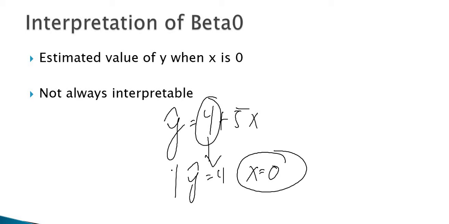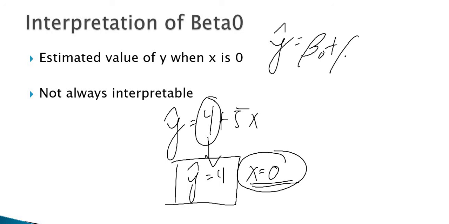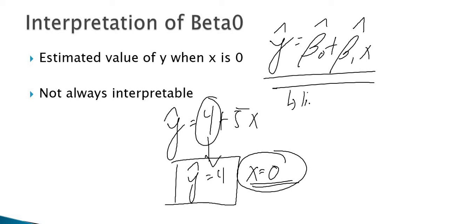So this is the default value, as we can say, of our y hat if we don't have our independent variable x. So we will use y hat equals beta sub 0 plus beta sub 1 x as our linear regression equation.